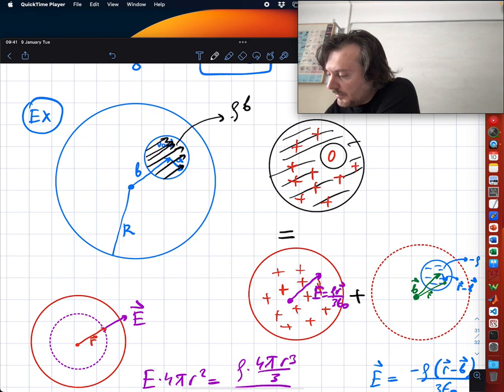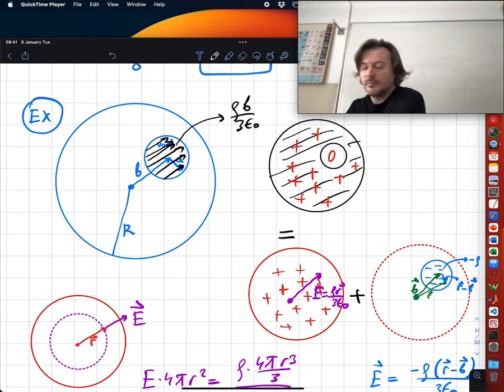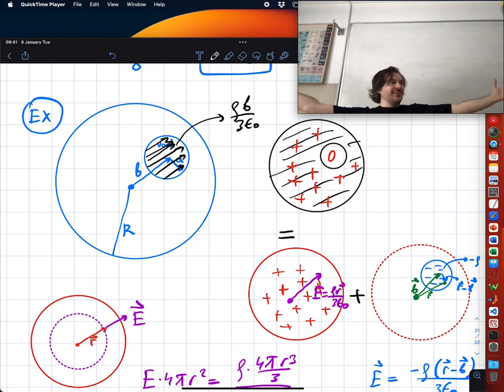It's rho b over 3 epsilon 0, pointing in the same direction. So next time you want to create a uniform electric field, you might consider getting a large sphere and putting a void inside it. Okay? Or just using a capacitor.